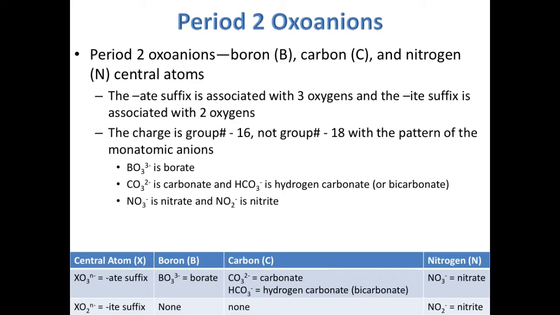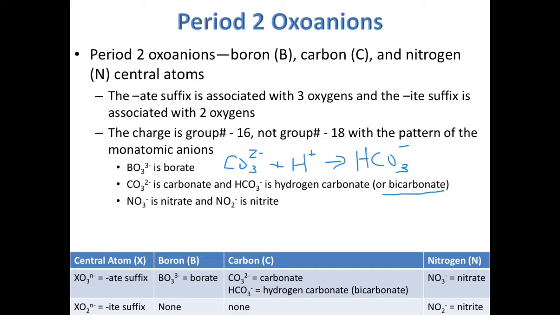What has happened in this case is the CO3 2 minus has gained an H plus, or a proton, to become HCO3 1 minus. So the H brings in a positive charge, decreasing the net charge to a -1. It also has a trivial name, bicarbonate.